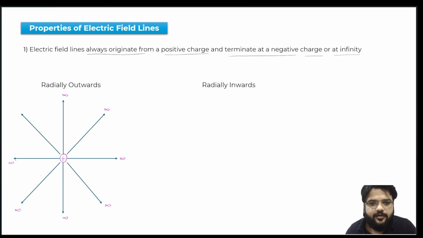And we can see it here, due to this positive charge, electric field lines are coming radially outwards, correct? Now if we look at the negative charge, everyone, electric field lines for the negative charge are radially inward.